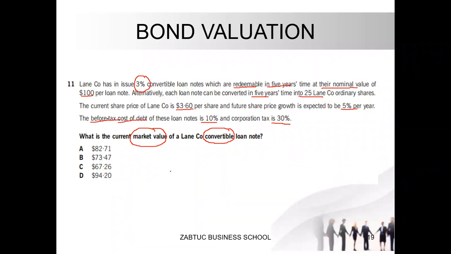So we need to find the benefits. What are the benefits? 3% every year for 5 years.